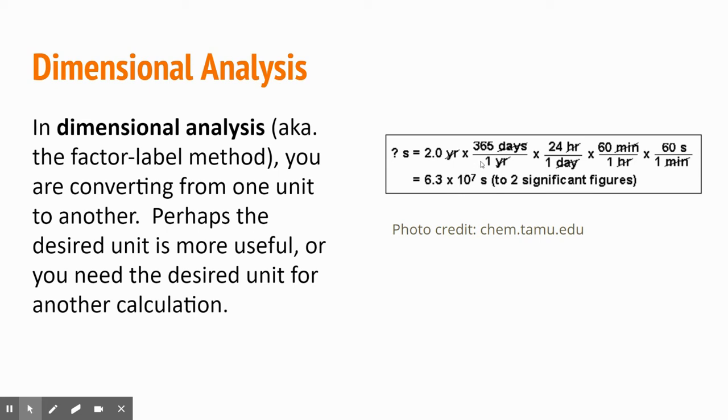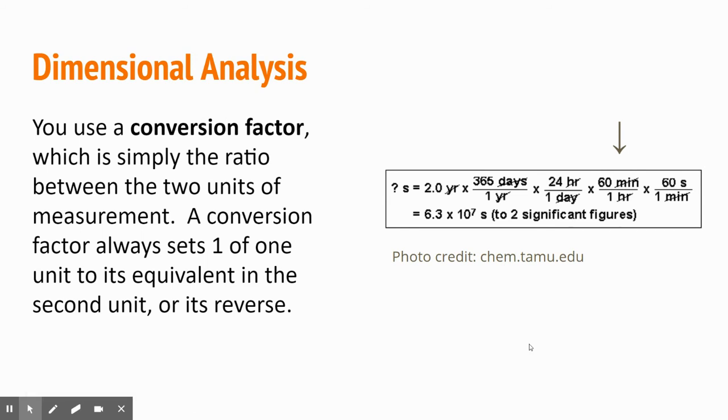I would report my answer to two significant figures because my original measured number was 2.0 with two significant figures. All conversion factors have an infinite number of sig figs. Therefore, we do not use them to report our values. Our final reported answer always comes off of the measured values that we are given.